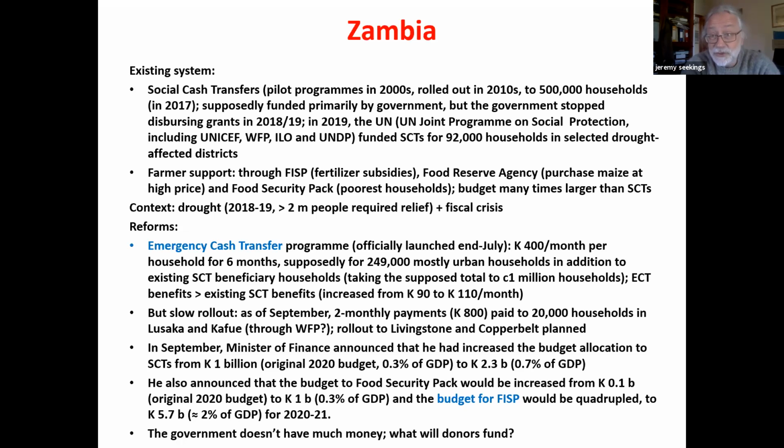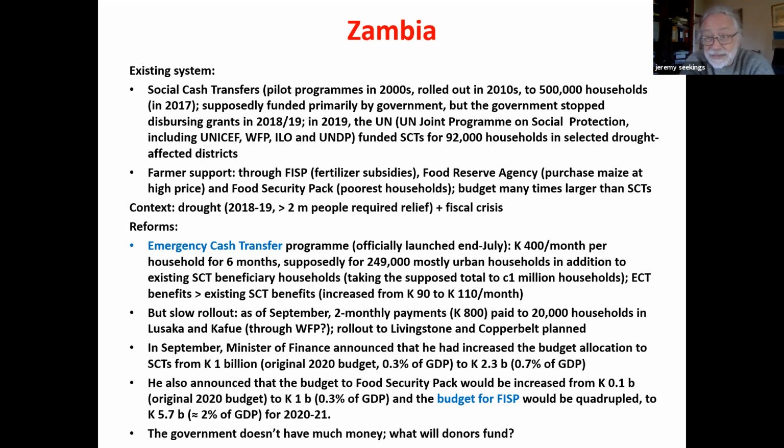But Zambia still provides massive support for small farmers through farm subsidies, through fertilizer subsidies, etc. And the budget for this is, of course, many times the budget for cash transfers. So this is still an agrarian welfare system where support for the poor is primarily directed through farming activities rather than cash transfers.